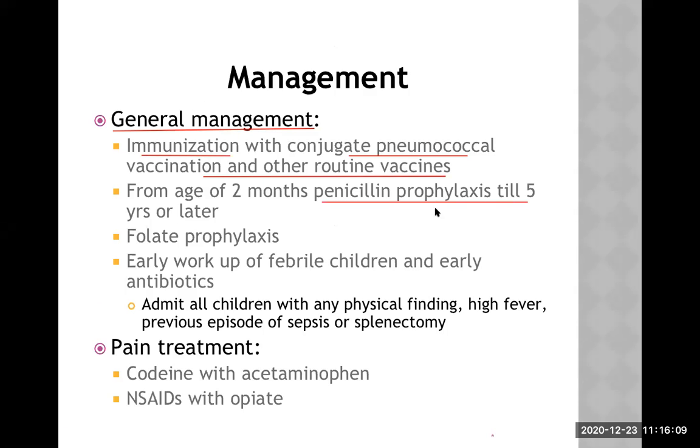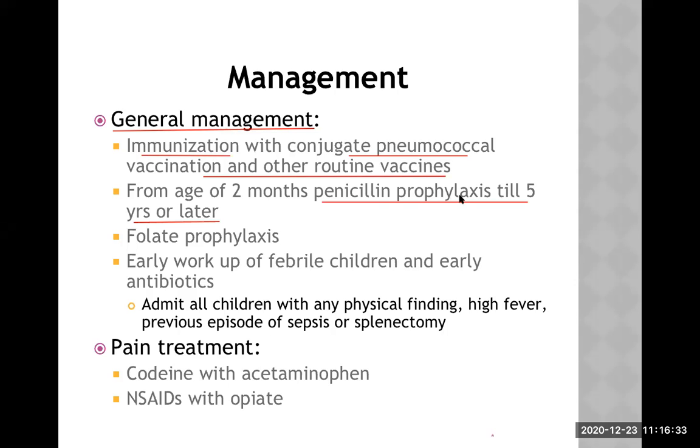Penicillin prophylaxis is given till 5 years or even later because the child is immunocompromised because of splenic dysfunction. And if we have not vaccinated properly, then penicillin prophylaxis has to be provided. But if the child has received vaccination, then it is no more necessary. So it is the alternative for the vaccination.